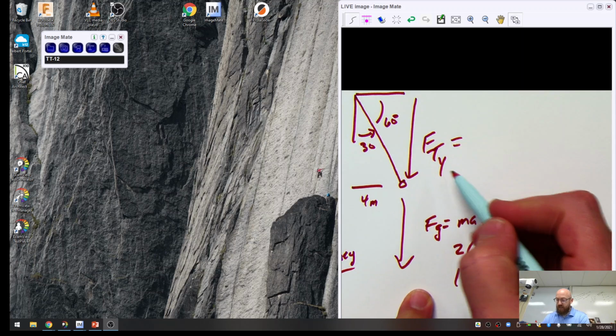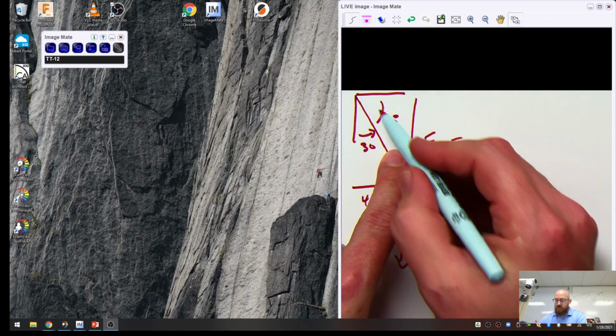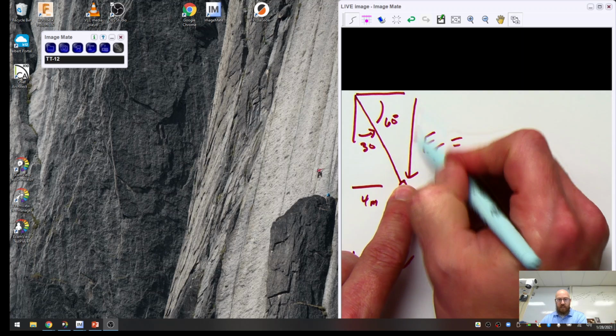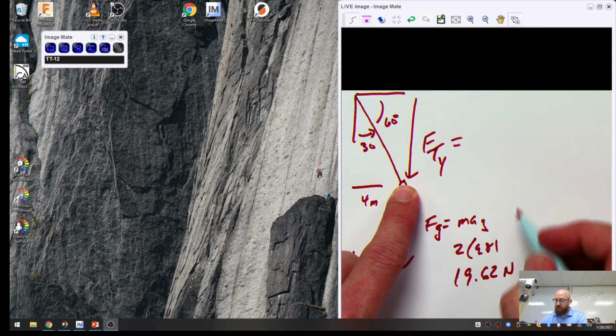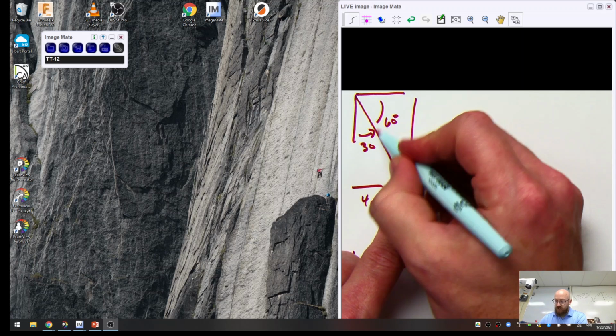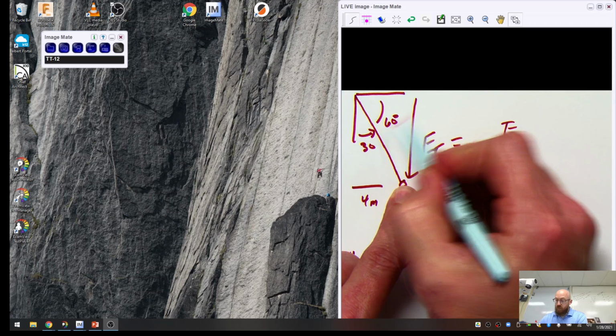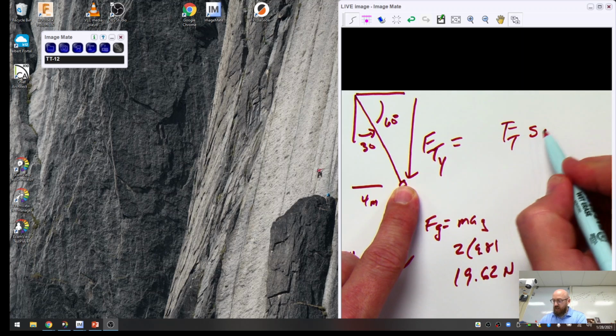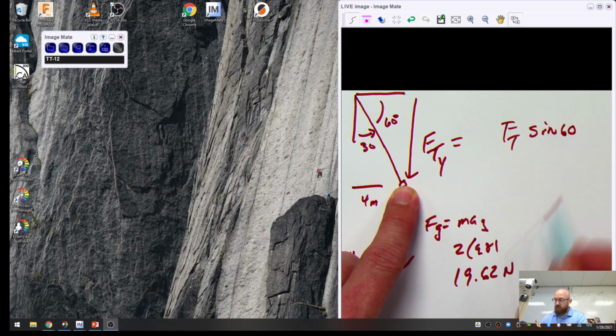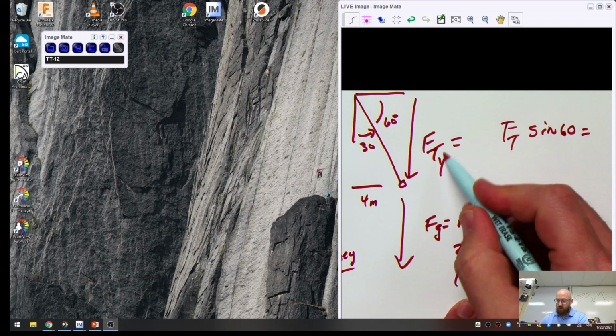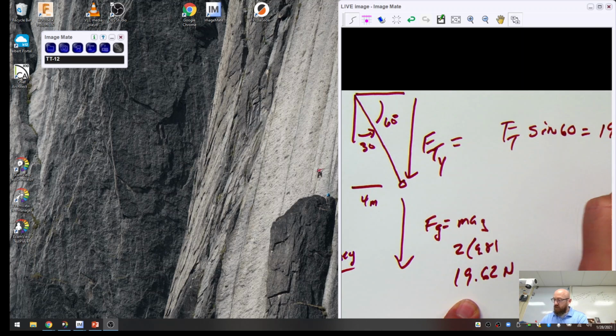So in this case, I can say, okay, what is the opposite leg of this triangle? Well, I know you have the tension of the string times the opposite, sine of 60. That has to equal what's going down, which is 19.62 newtons.